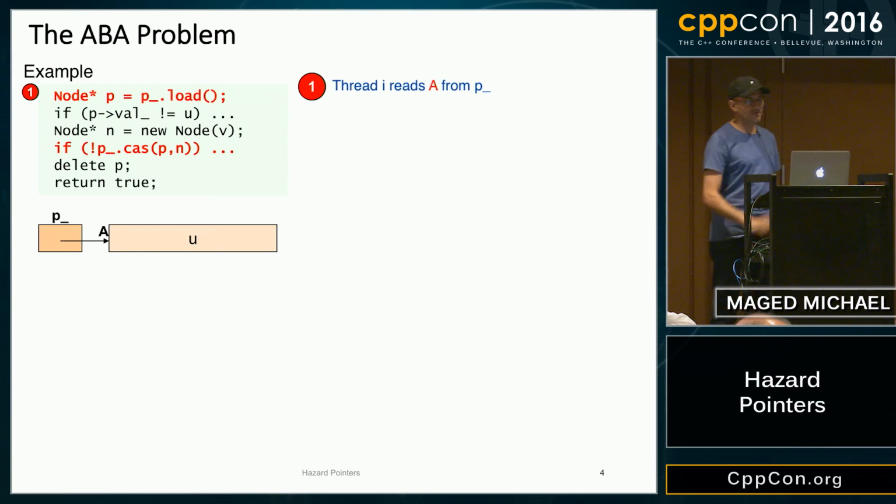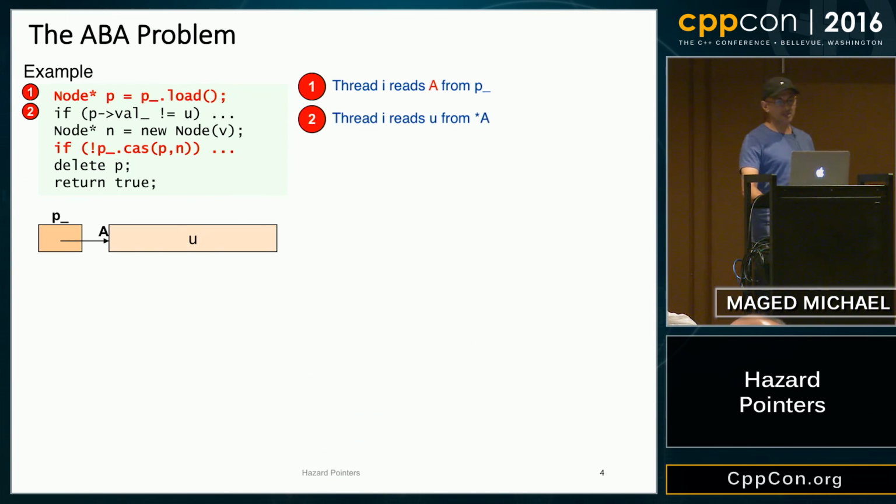So we start with thread I reading the value A from the pointer P. The pointer represents the object, and thread I will read the value U from that block A. So that's fine. It looks like we're going to proceed to try to replace that block.